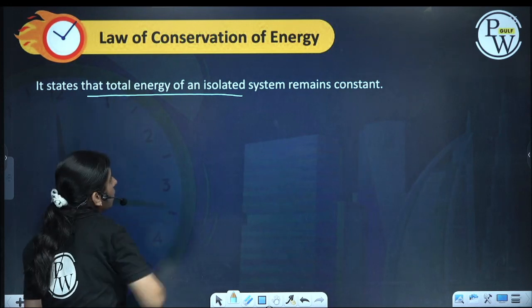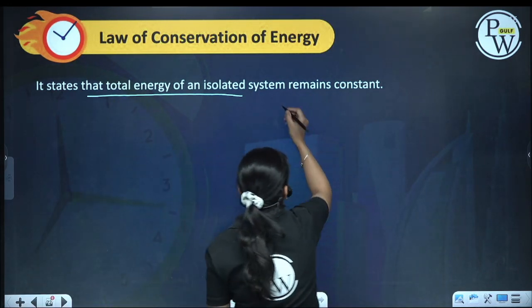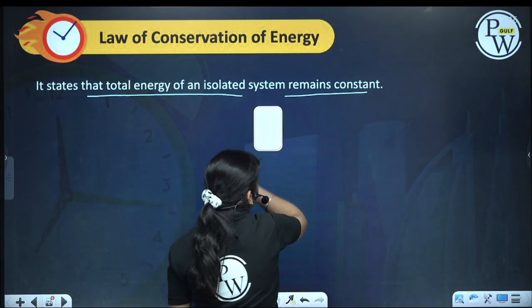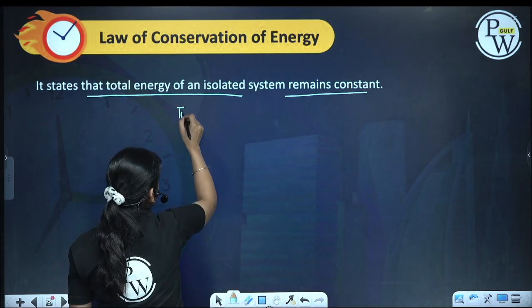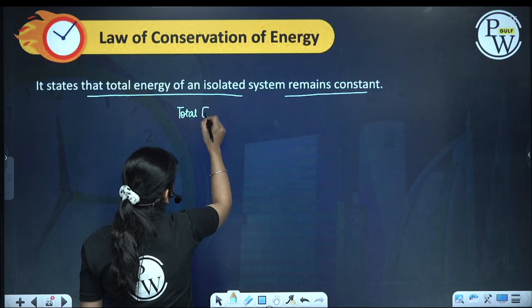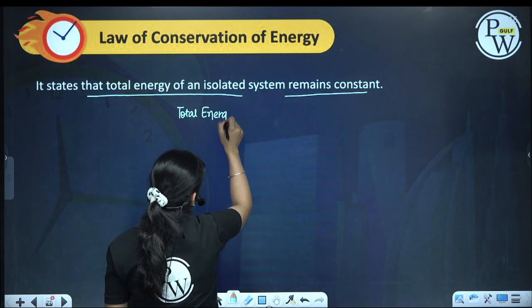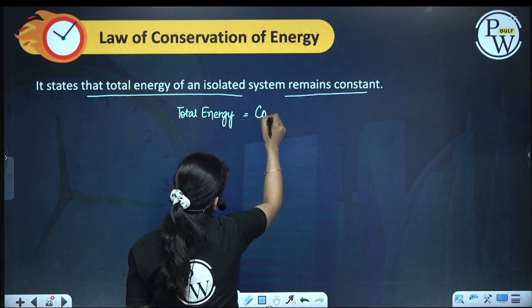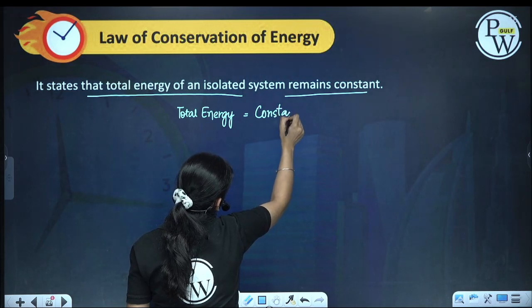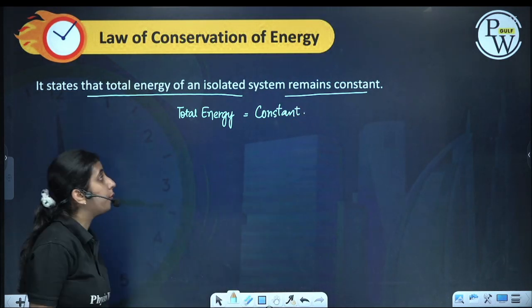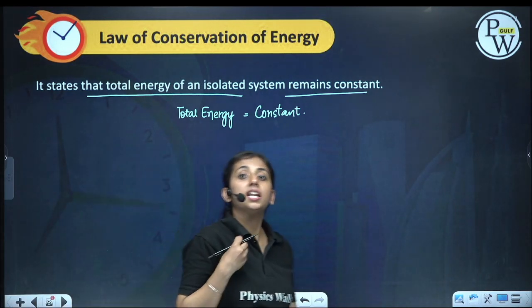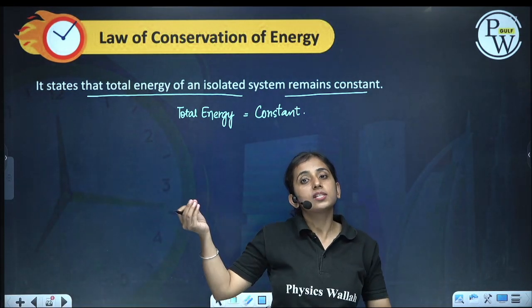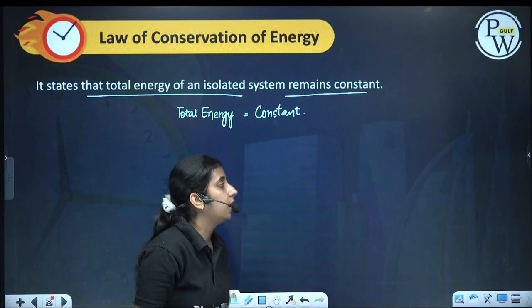If we have an isolated system, then its total energy remains constant. Total energy is always a constant for an isolated system. We can never create energy, we can never destroy energy, we just convert it from one form to another.